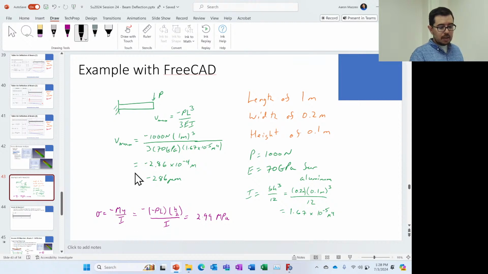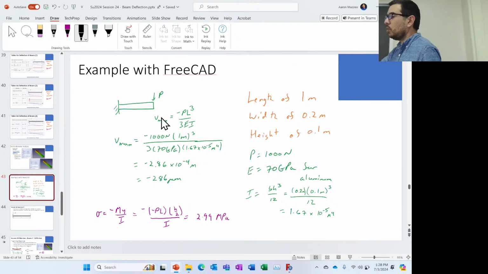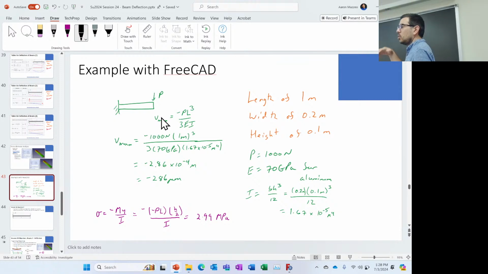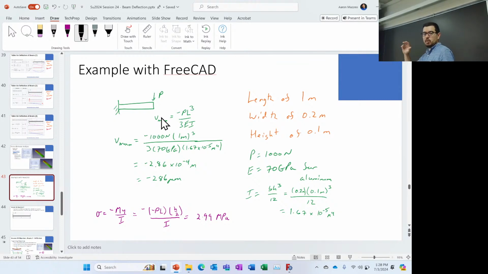This is saying there's an internal bending moment up here, and it's going to be a minus PL, actually. And that makes sense because the curvature dictates the sign of the internal bending moment, so it is negative.